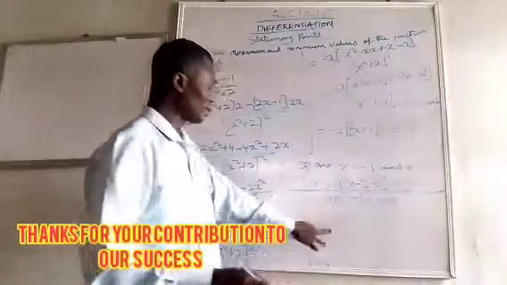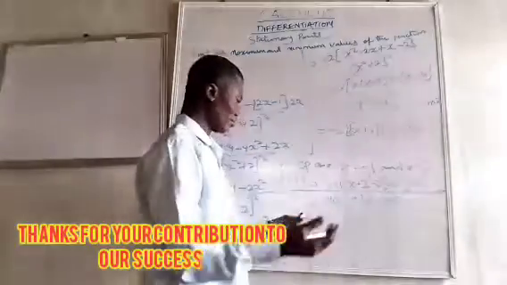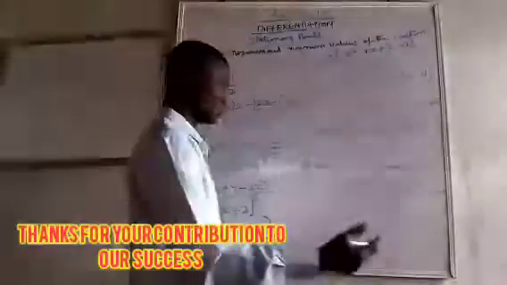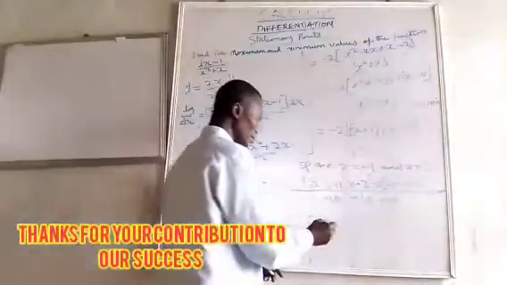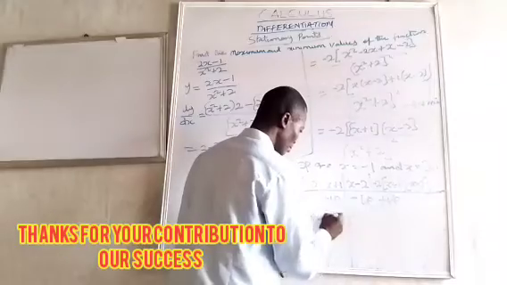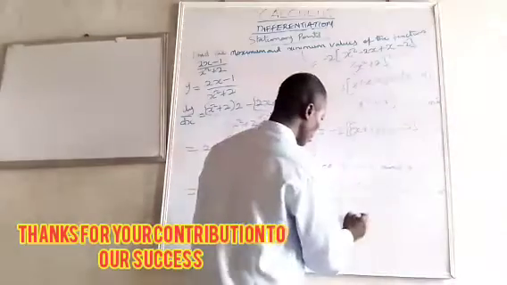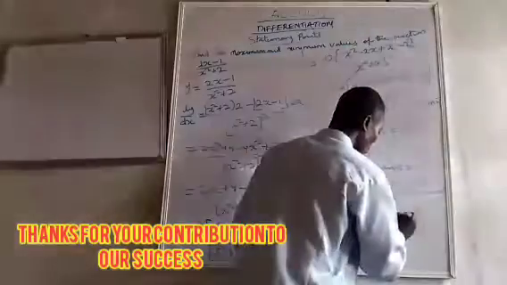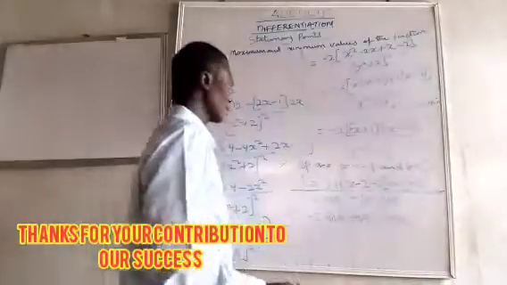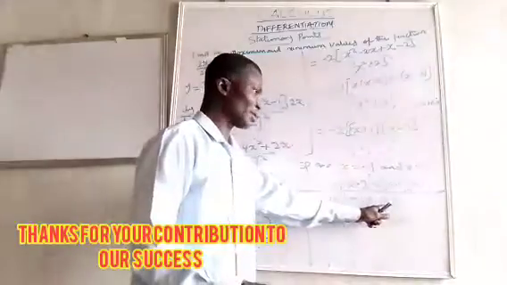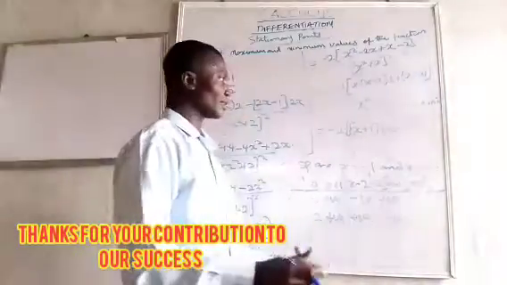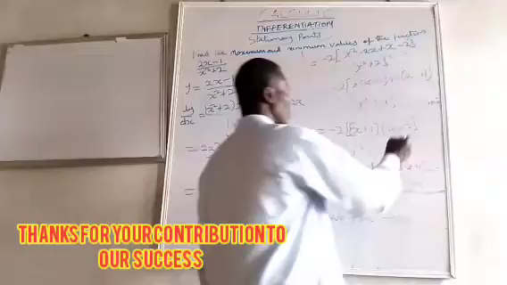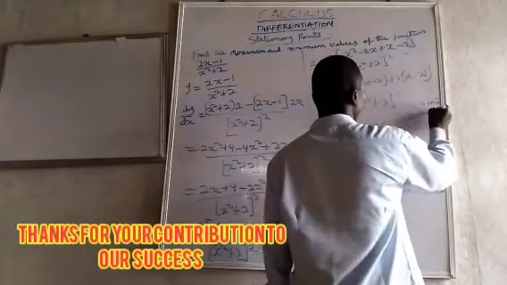Now, let's test again when it's greater than 2, like 2.5, this place will be positive and this place too will be positive. So, minus, positive, positive, this one will be negative. What does that mean? If it changes from positive to negative, that means it is a maximum point. So 2 is maximum point.